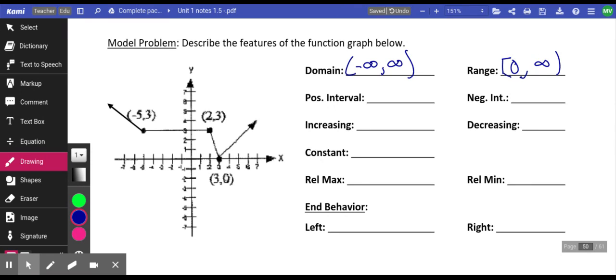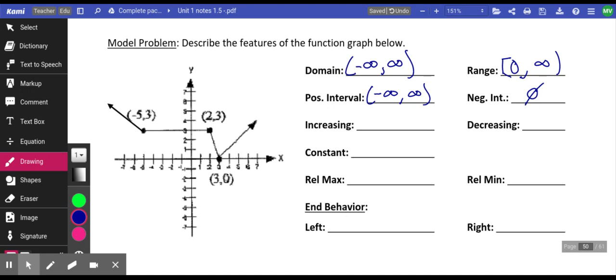Our positive interval is when it's above 0. So in that case, it's all real numbers because it's the x values that we use to describe the positive, and the entire graph is positive. Negative is the empty set.